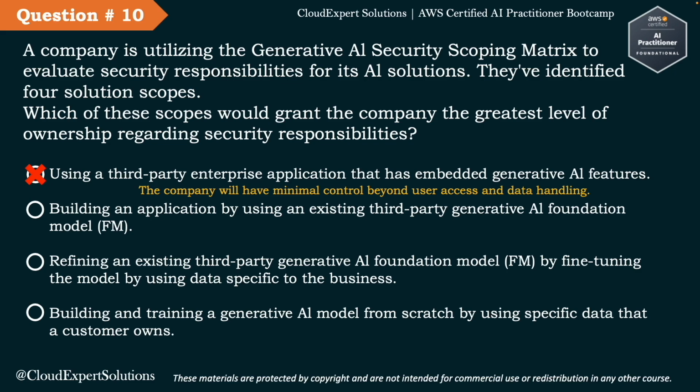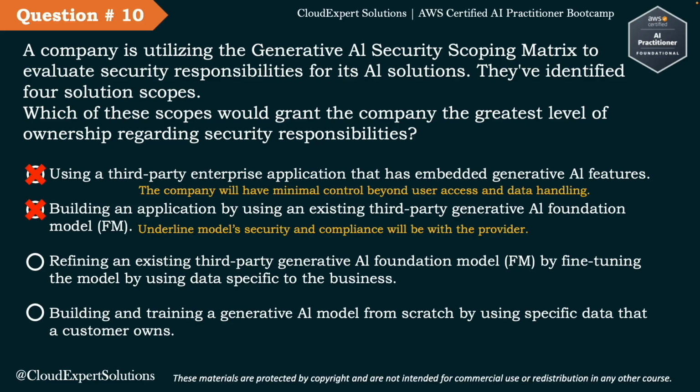Option number 2, building an application by using an existing third-party generative AI foundation model. While the company manages application level security, the underlying model security and compliance remain the responsibility of the third-party provider. That is why this is also not the correct option, because the company is looking for the greatest level of ownership.